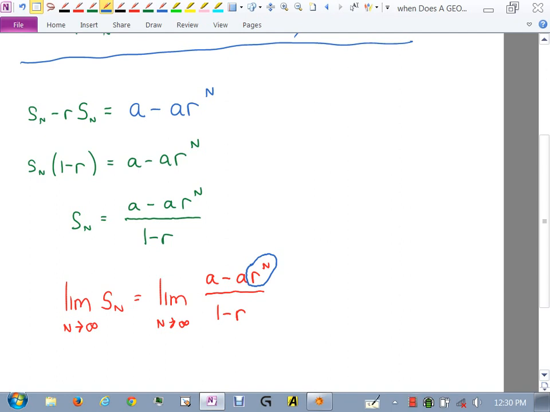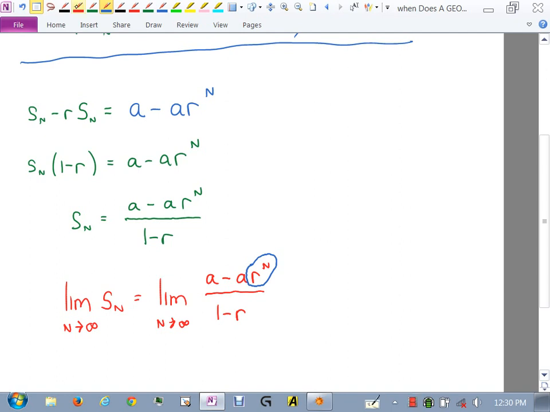We said if the magnitude of r was less than 1, it went to 0, right? And if r was greater than 1 or equal to 1, it diverged.